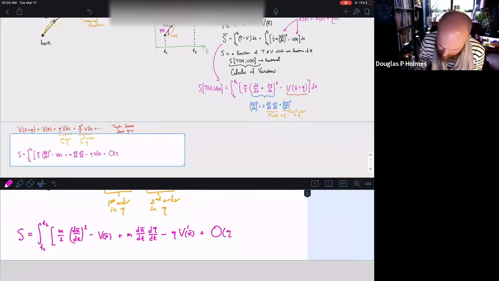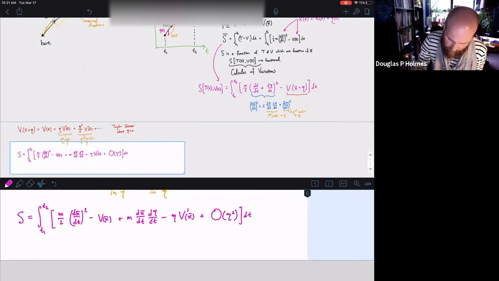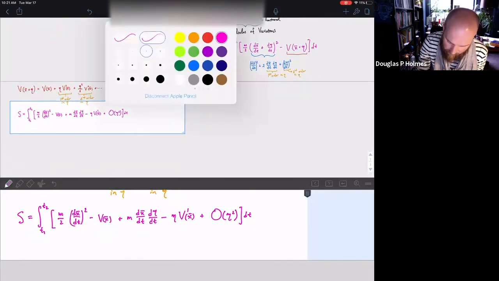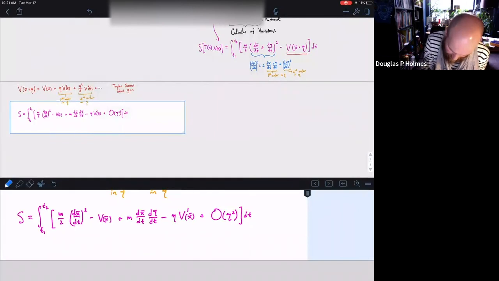And it says everything out here is eta squared. So it's all higher order terms. And we're going to assume that eta is small. So if we're squaring eta, squaring a small number, it doesn't matter. It's going to be really close to 0. Okay. So what is this?